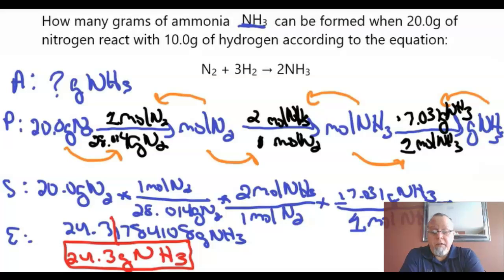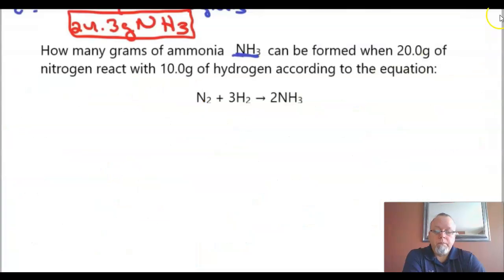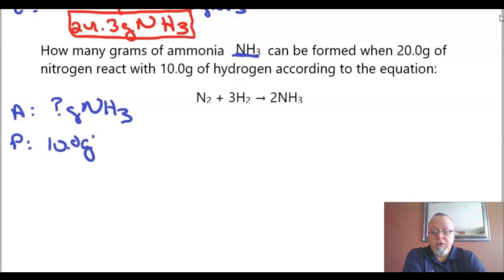So our next step, we need to do the same thing, but with 10.0 grams of hydrogen. So again, what is our problem? What are we asking? We analyze this. It's how many grams of NH3 will be produced. We have grams of H2.